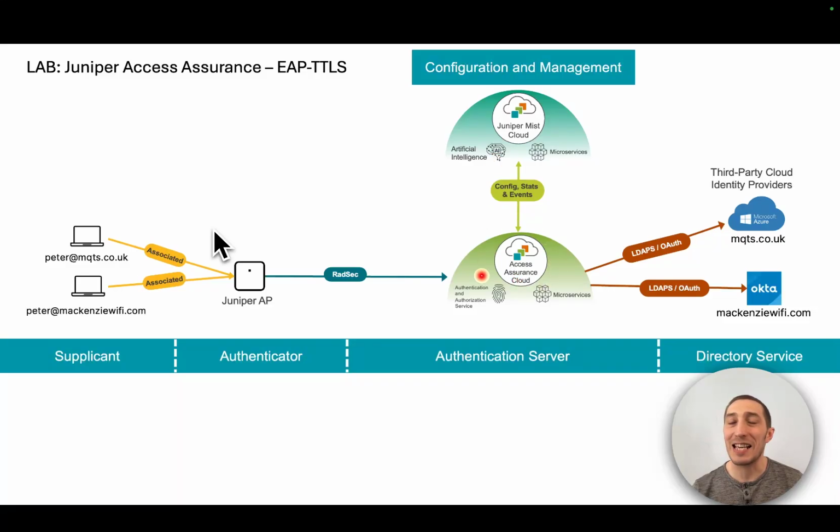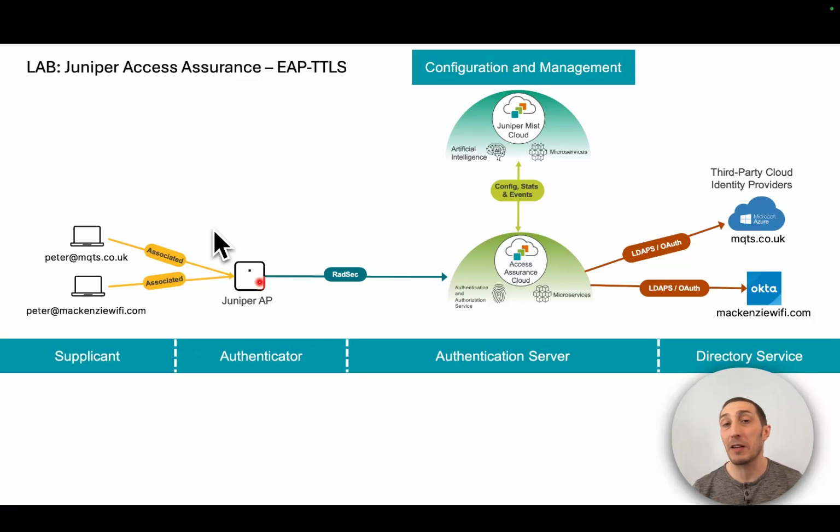So this really is a headless service, and all the configuration and all the monitoring of what this Access Assurance Cloud is doing is done via the Juniper Mist Cloud. So this is all our configuration and management. So what happens is we configure an SSID on our Juniper AP.